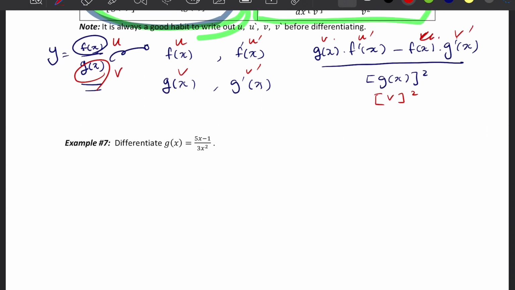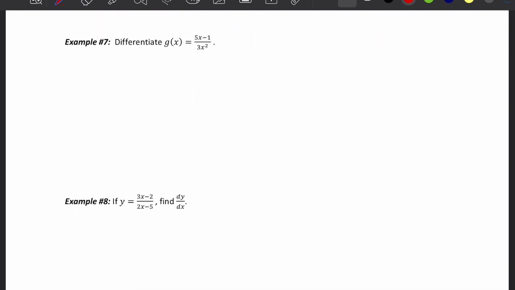So let's do example number 7. Working with the examples or the problems is actually going to help you understand the formula way better than just looking at the formula. In example number 7, we have g of x equals 5x minus 1 over 3x squared.